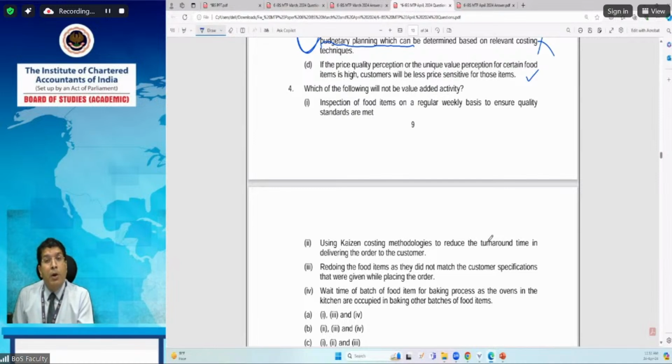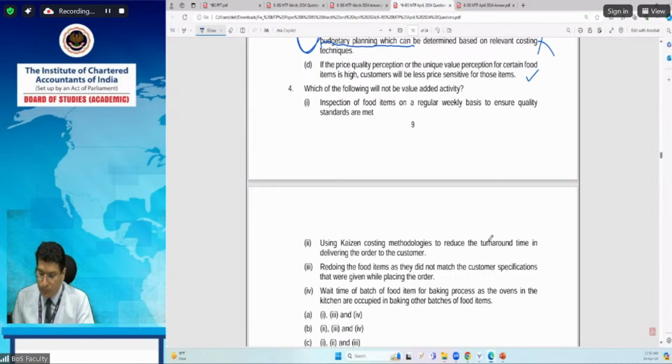Why? Because turnaround time will help customers get food at the desired time. It will increase customers' satisfaction. Therefore, this point number 2 is my value added activity.